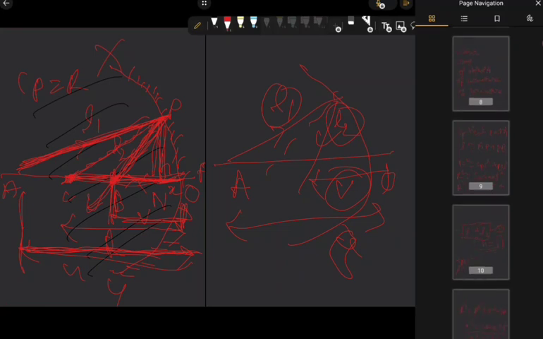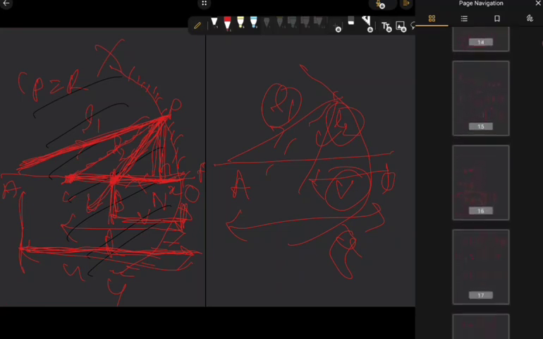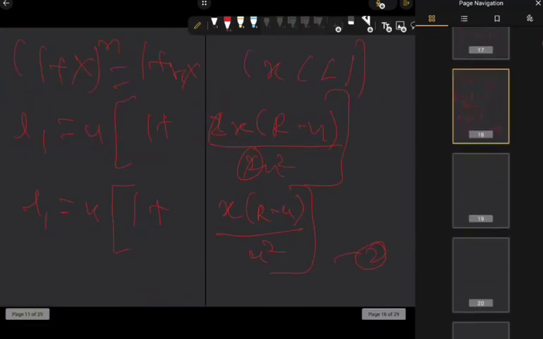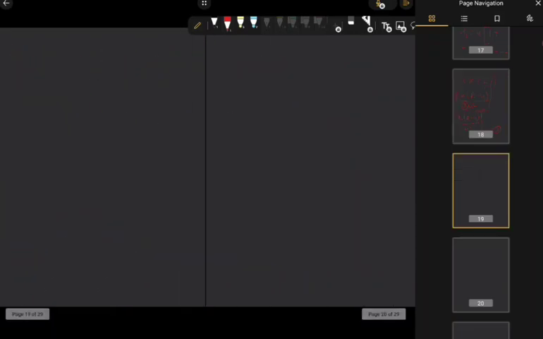So by mathematical induction, we can write one statement. For L1 we got this, right? So we can write a similar expression in terms of v also. We don't have to derive it again and again.